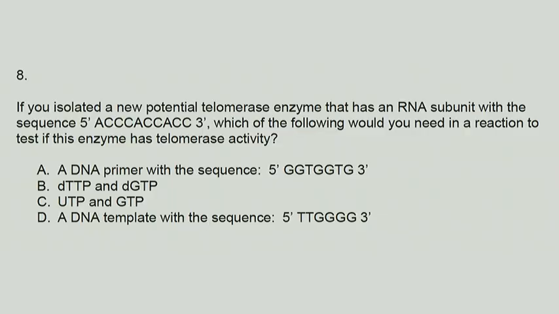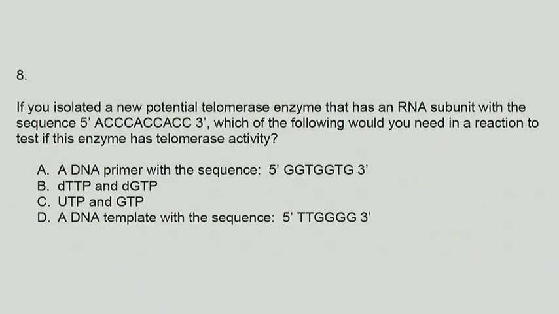Okay. You isolated a potential telomerase enzyme that uses the RNA subunit with 5' ACCC, ACC, ACC. What do you need to test if this is a functional telomerase enzyme in vitro? Okay, go ahead. A DNA primer, the sequence that's complementary.